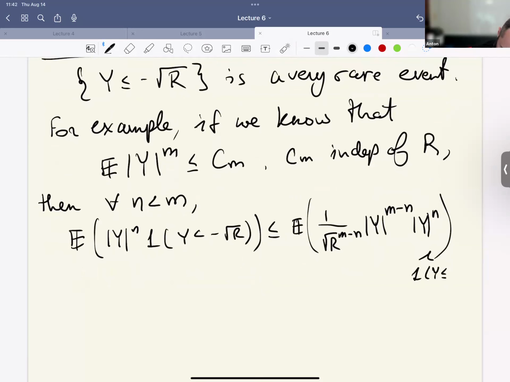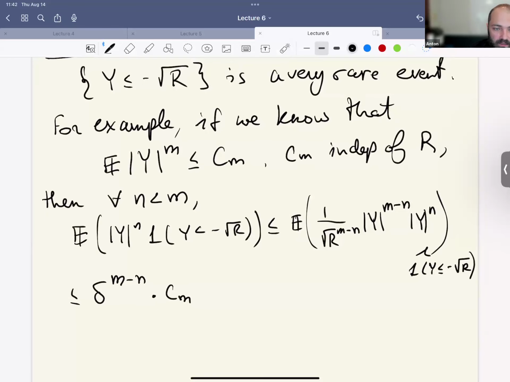Well, we should not, we cannot skip it. Got the indicator there. And this is just bounded by delta to the power of m minus n times C to the power of n. Okay.